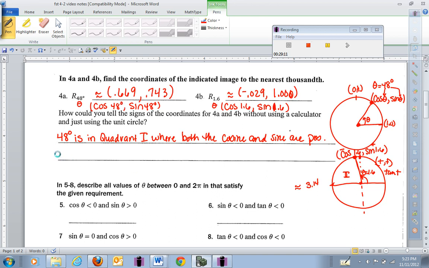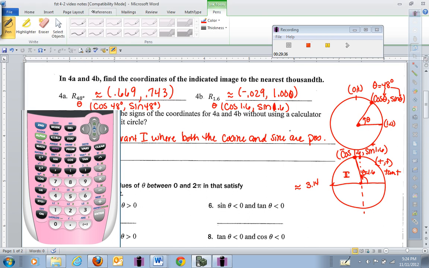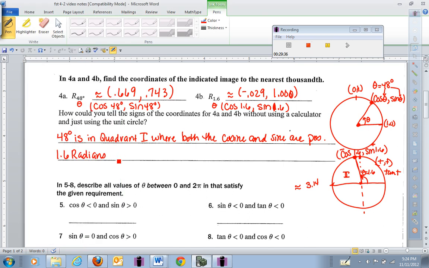Okay. 1.6 radians. You know, and another thing we could have done is we could have taken those 1.6 radians and we could have multiplied by 180 and divided by pi, and we could have come up with an angle measure. It's 91.67 degrees, so just a hair past 90 into that second quadrant, barely into that second quadrant. Okay?